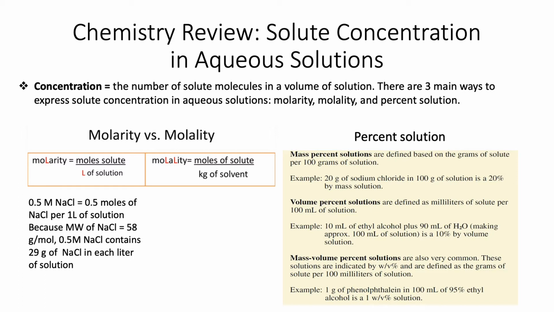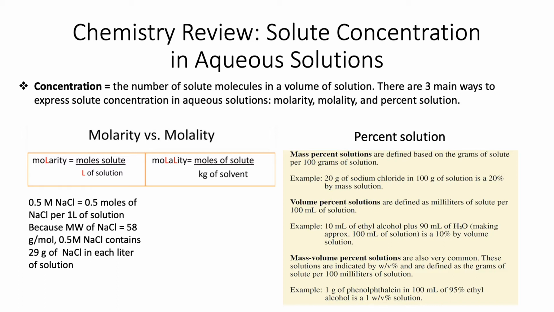Concentrations can be given in various units, and there are 3 ways to express the amount of solute in a solution. Concentrations given in terms of molarity give the number of moles of solute in exactly 1 liter of solution. Thus, a half molar, or 0.5 M, solution of NaCl, or sodium chloride, would contain 1/2 mole, or about 29 grams, of sodium chloride in each liter of solution.